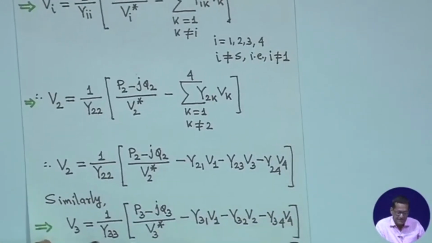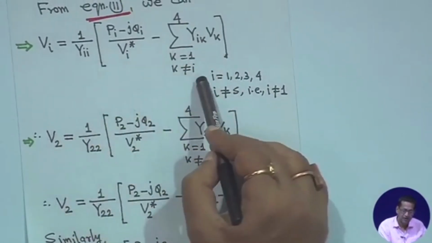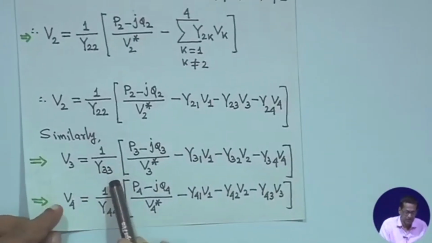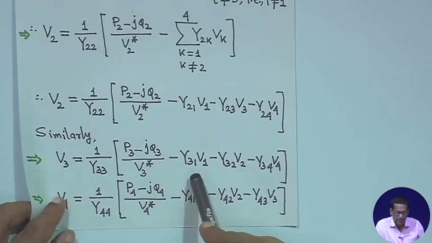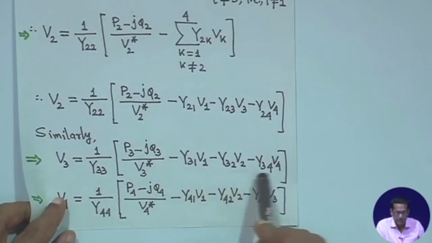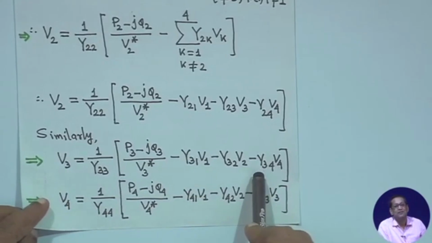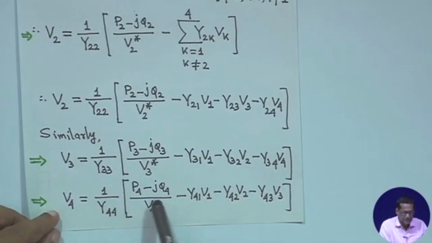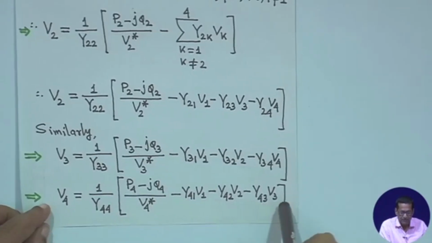Similarly, when i is equal to 3 and k not equal to 3, you will get V_3 is equal to 1 upon Y_33, (P_3 minus jQ_3) upon V_3 conjugate, minus Y_31 V_1 minus Y_32 V_2 minus Y_34 V_4. Similarly, V_4 is equal to 1 upon Y_44, (P_4 minus jQ_4) upon V_4 conjugate, minus Y_41 V_1 minus Y_42 V_2 minus Y_43 V_3.